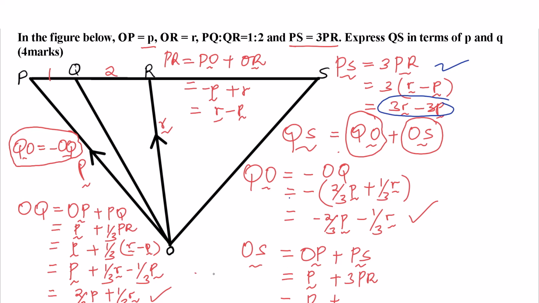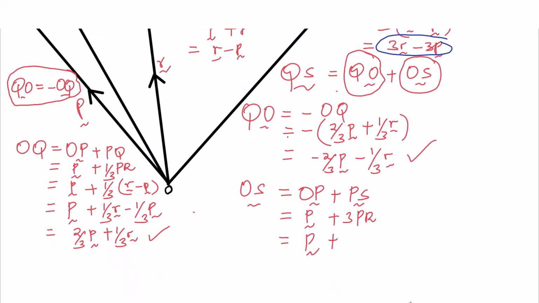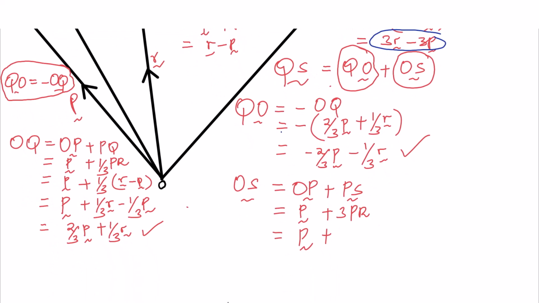Because now we have PS as 3r minus 3p. So like terms together, p and p. You can start with 3r, then p minus 3p will give minus 2p.